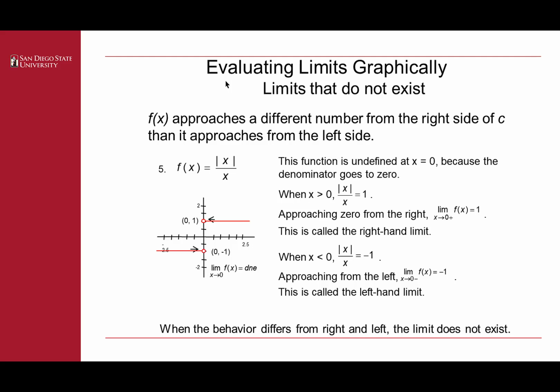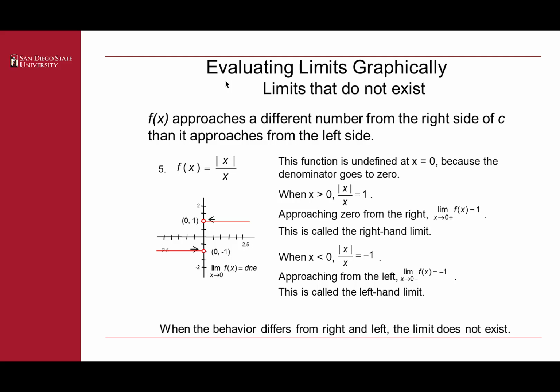So this function is clearly undefined at x equals 0, because in this case the denominator goes to 0 and the result would be undefined. Whenever x is greater than 0, this function will be 1, because the absolute value of x would be positive x and the denominator would also be positive x, so the division would be 1.